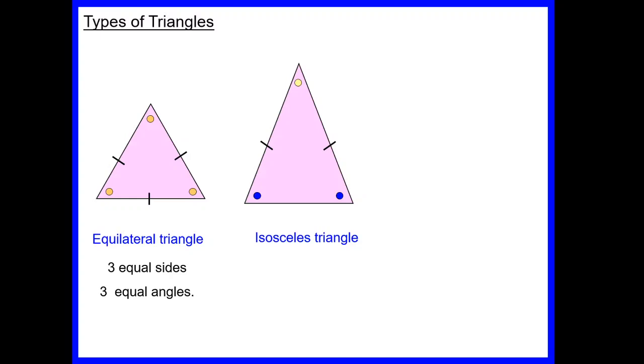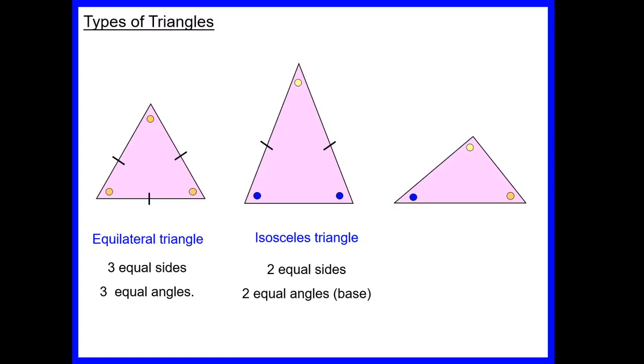So the properties of an isosceles triangle is that it has two equal sides and two equal angles, which are called the base angles. And our third type of triangle, the one we've been looking at so far, is called a scalene triangle. And in a scalene triangle, all the sides are different and all of the angles are different.